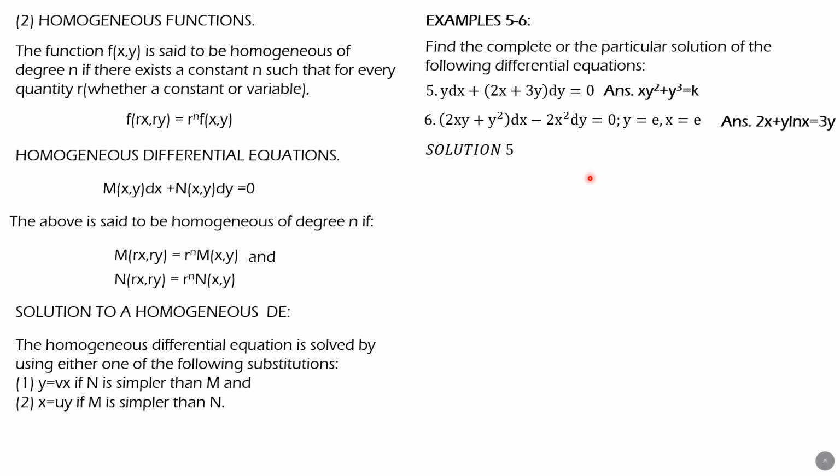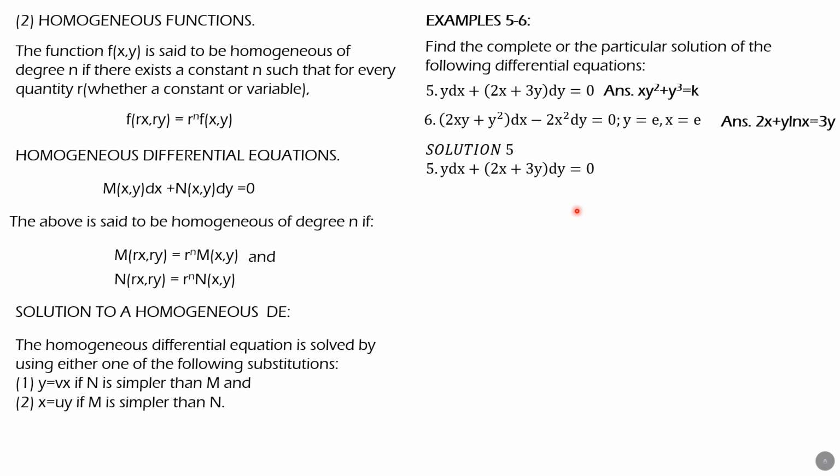obviously 5 is a homogeneous function because this is first degree and this is also first degree terms. So we have for problem 5, y dx plus quantity 2x plus 3y dy equals 0.